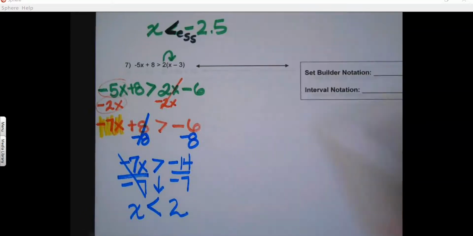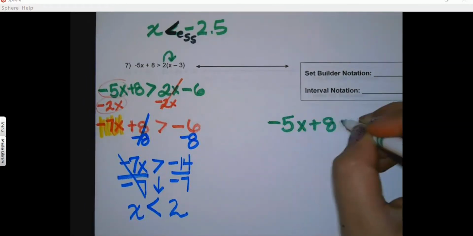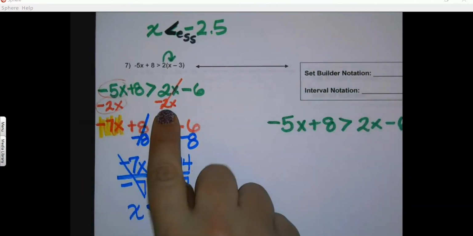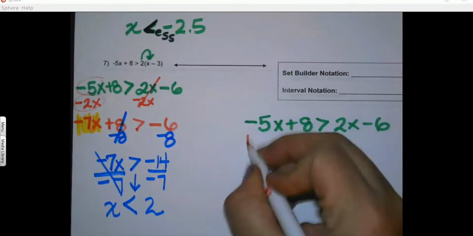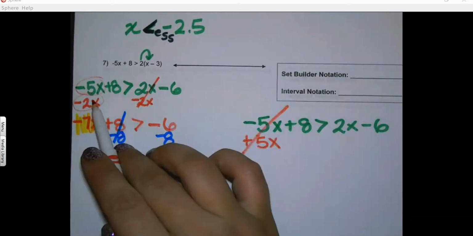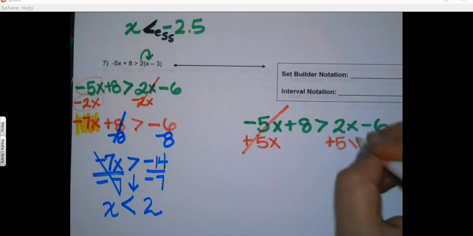Okay, now I'm going to do this problem again. This time, instead of subtracting 2x to get rid of this, I'm going to add 5x. I'm going to get rid of this number on the left. See how I'm doing it different here? So I'm going to add 5x to both sides.